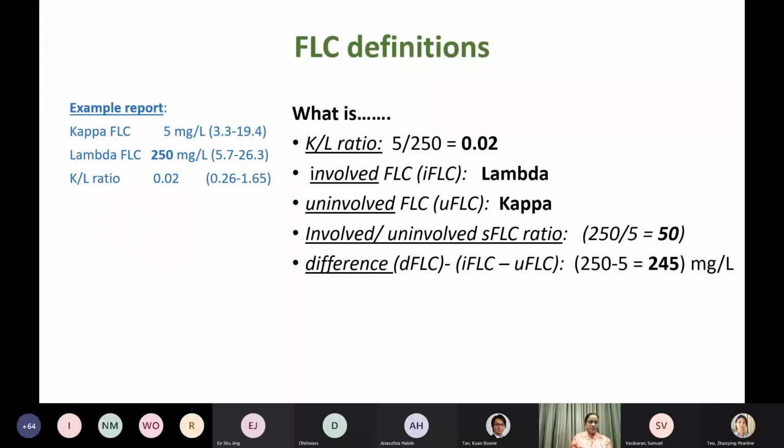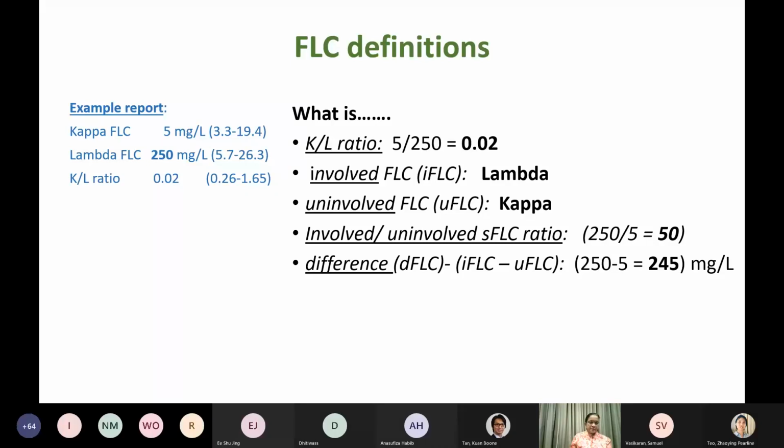So, what are the different terms used in these clinical guidelines? We normally report kappa and lambda free light chain concentrations and kappa lambda ratio on our reports.